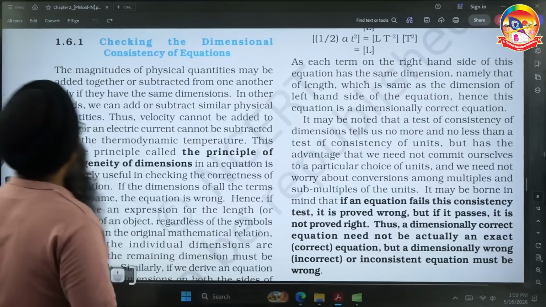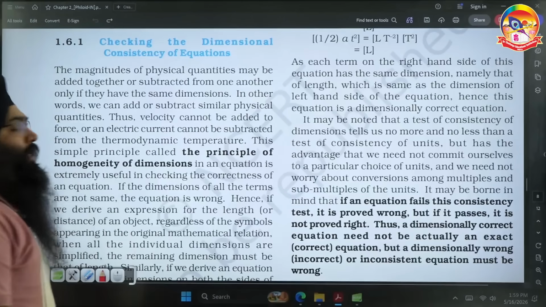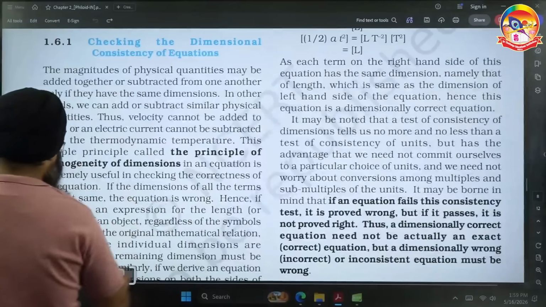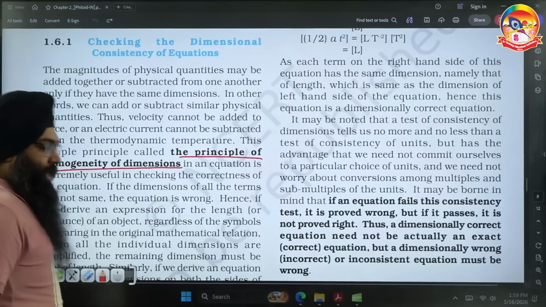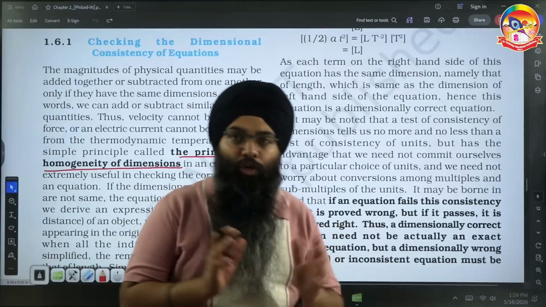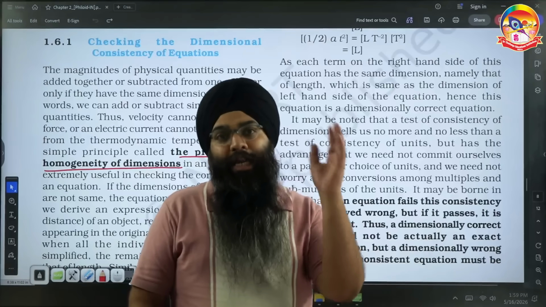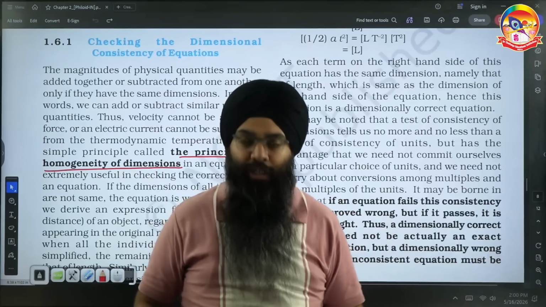So if you want to check the dimensional consistency of equations, you can use the principle of homogeneity. What does it mean? The principle of homogeneity of dimensions says that whenever you are adding two quantities or subtracting two quantities and getting a third quantity, then the LHS and the RHS, all the quantities should have the same dimensions.